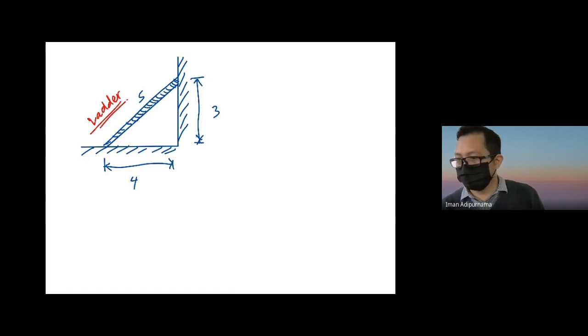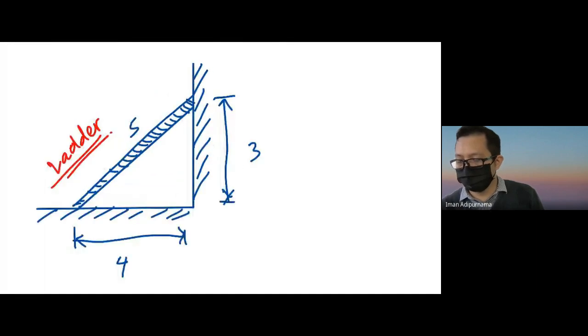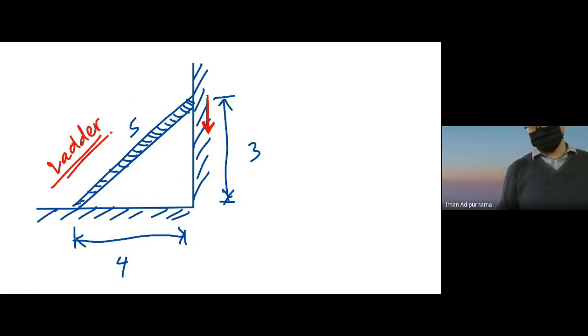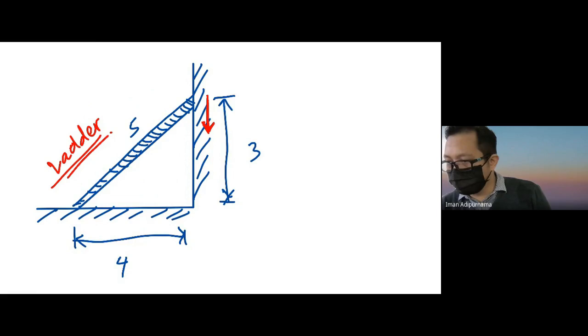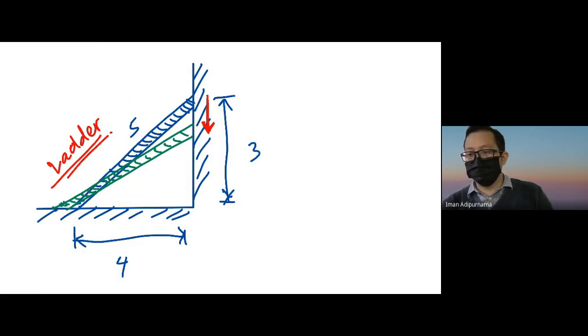But then the question is, if the ladder, in this y direction here, is going down, imagine what it would be when it's going down. The green one is how the ladder moves.